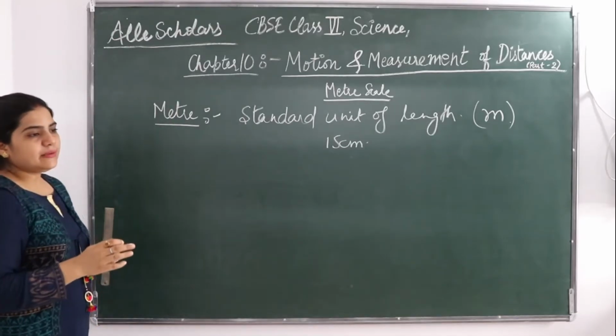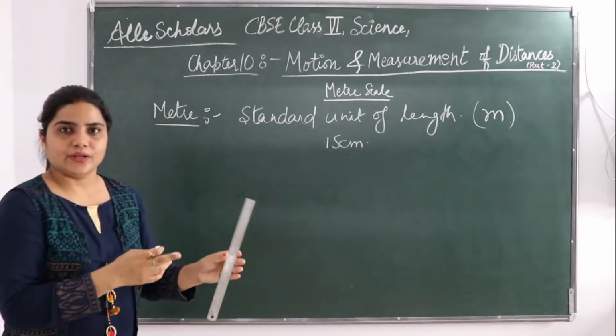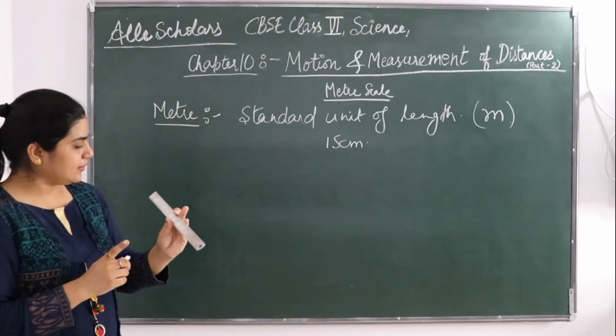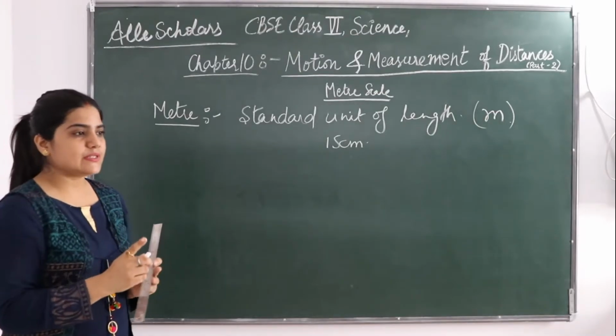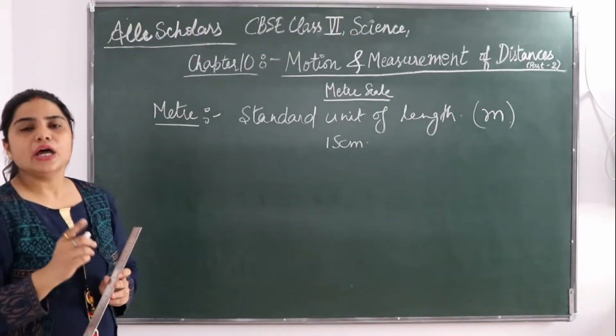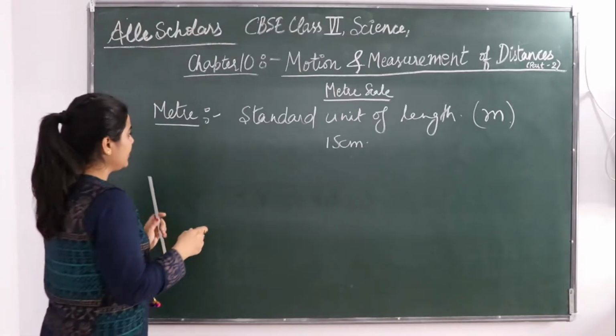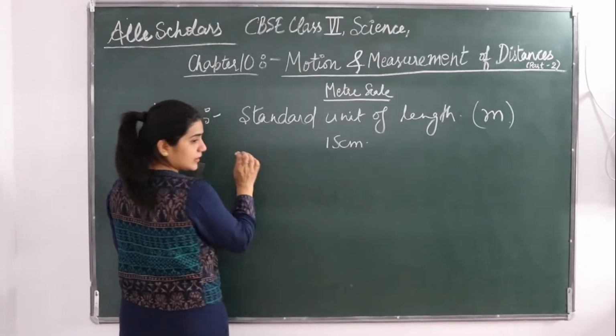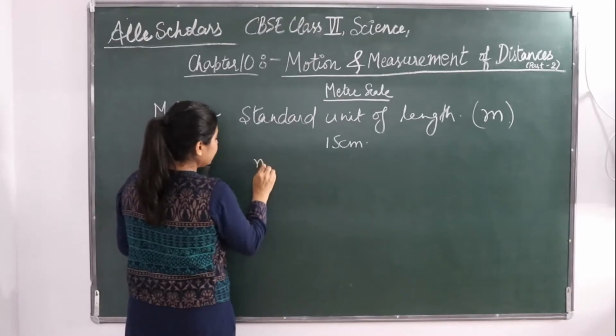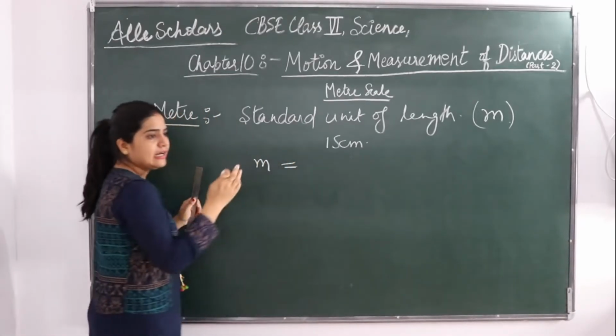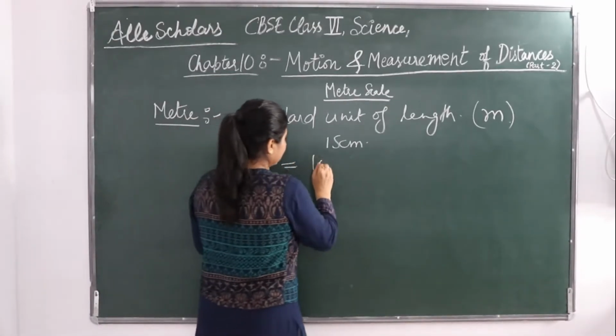Each centimeter has 10 equal divisions, and those are millimeters. So you have seen that each meter has how many divisions? 100 equal divisions.